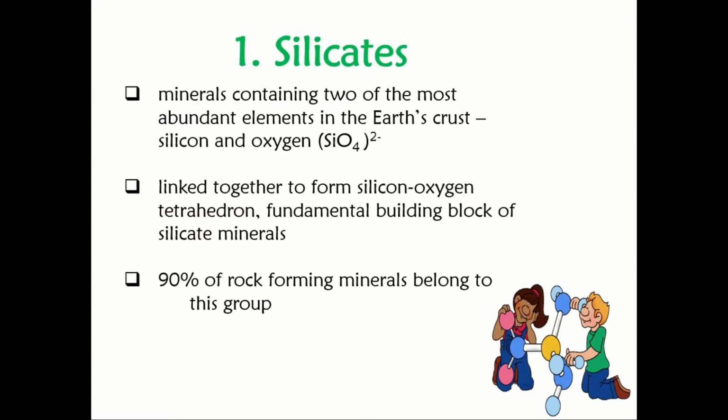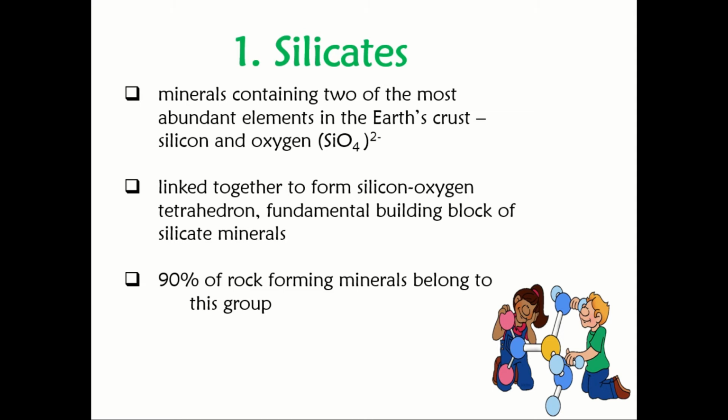So let's find out. First is the silicates. Silicates are minerals containing two of the most abundant elements in the Earth's crust, which are silicon and oxygen, linked together to form the silicon-oxygen tetrahedron, the fundamental building block of silicate minerals. 90% of rock-forming minerals belong to this group.